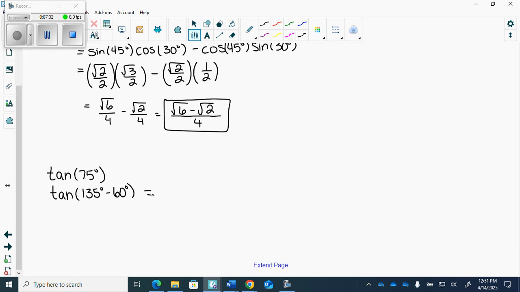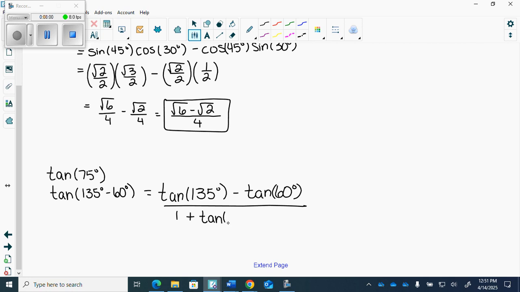Now tan A minus B, what I'm using. So you go tan A minus tan B over 1 plus tan A tan B. So we get tan 135 minus tan of 60 over 1 plus tan 135 tan 60.